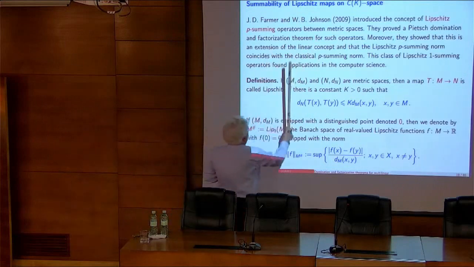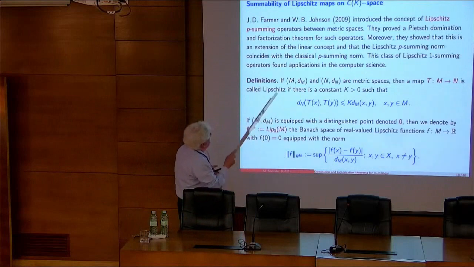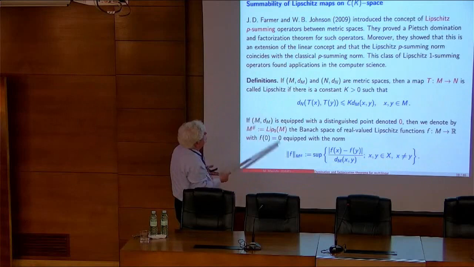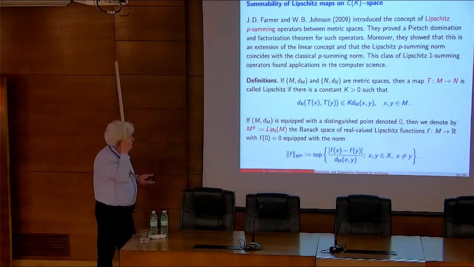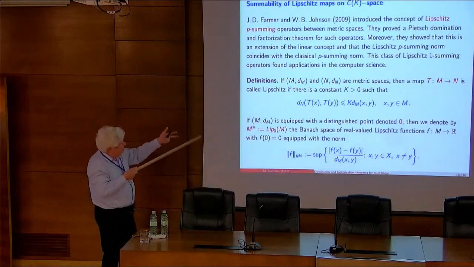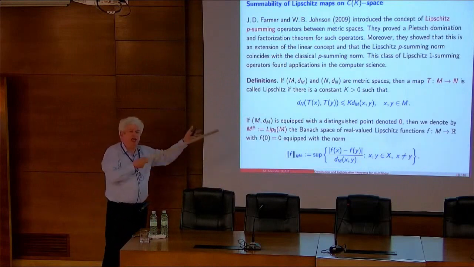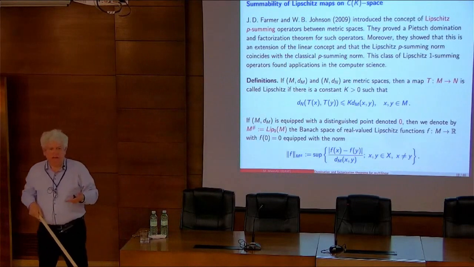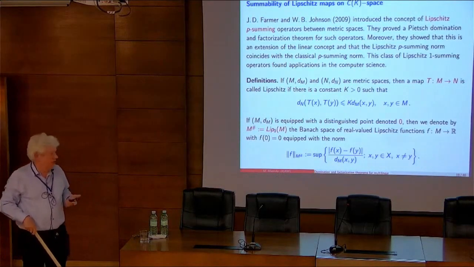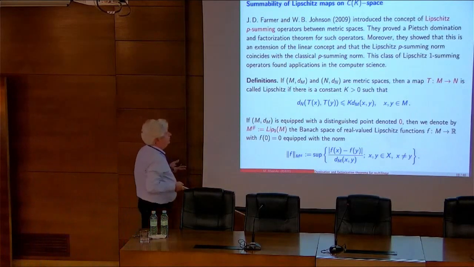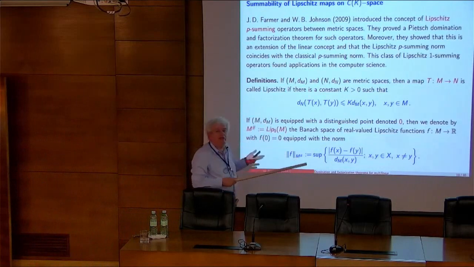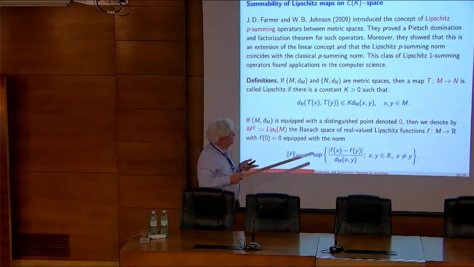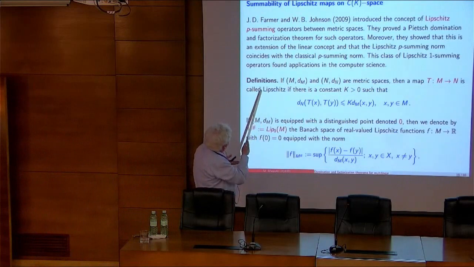In 2009, Farmer and Johnson, in their Proceedings of the American Mathematical Society paper, introduced the concept of Lipschitz p-summing operators between metric spaces. They proved the Pietsch domination theorem and factorization also. I don't have time, but this domination has an equivalent formulation via factorization through a subspace of L_p. When p equals 1, there is a factorization through Hilbert space from C(K).